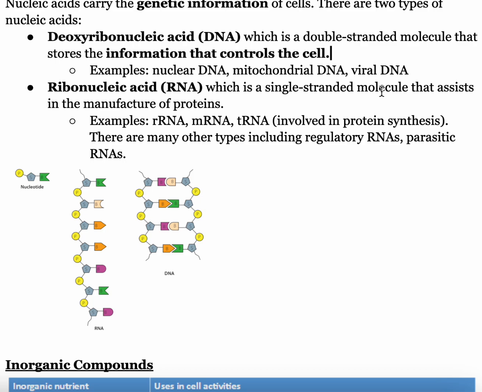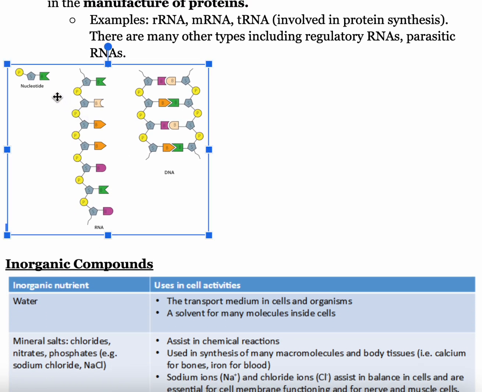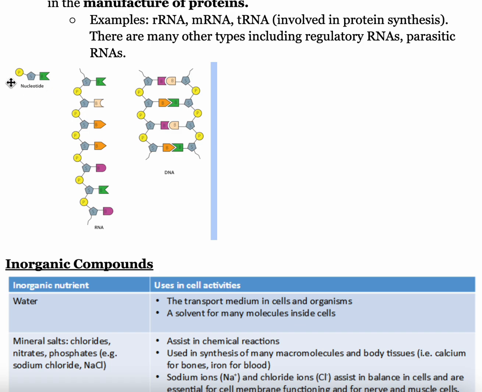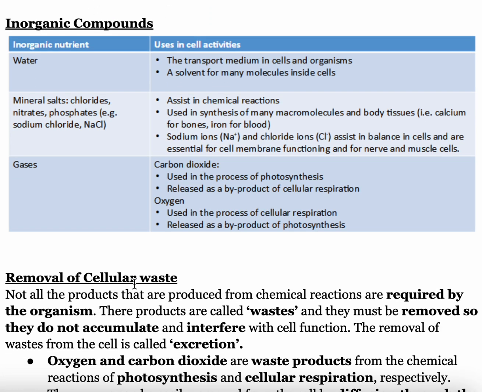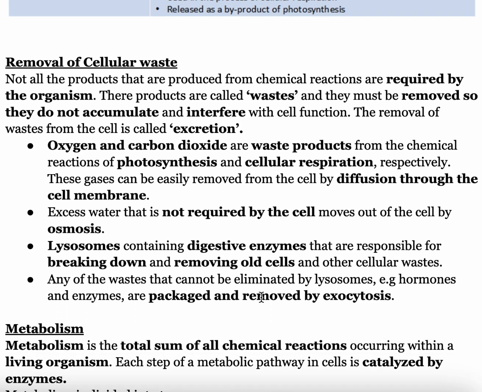RNA is a single-stranded molecule that assists in the manufacture of proteins. This is a diagram of a nucleotide. This is RNA, so it doesn't have this part of it. And this is DNA. Moving on, this is a summary table for inorganic compounds.